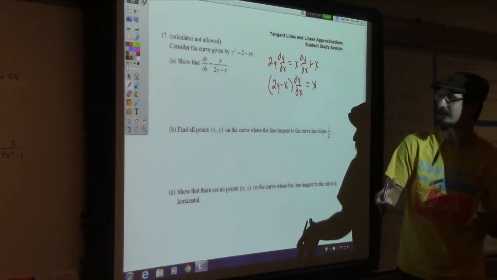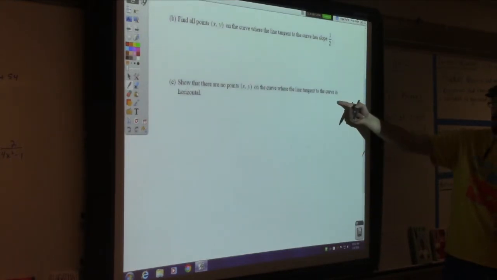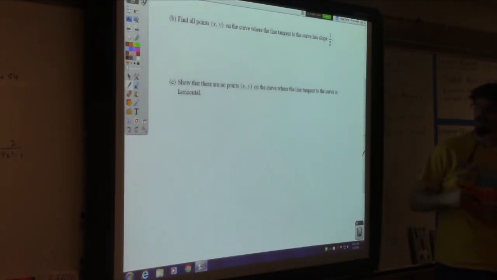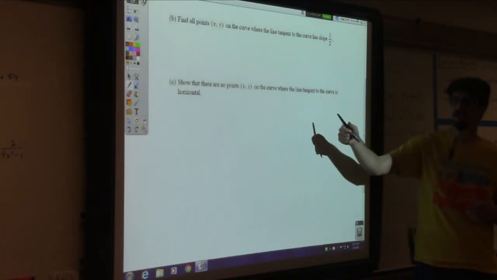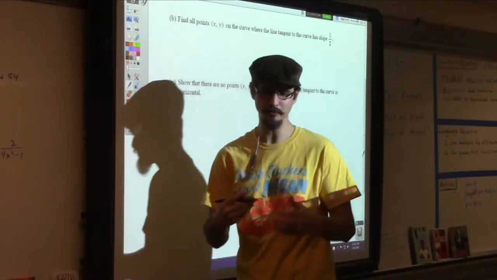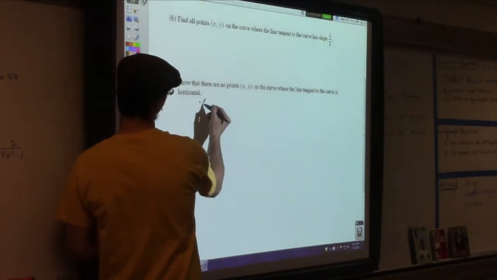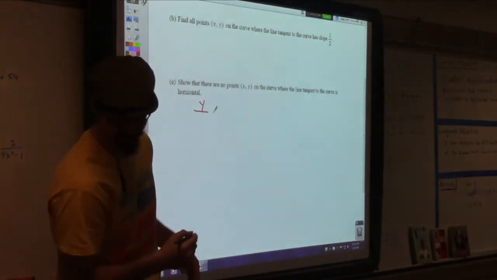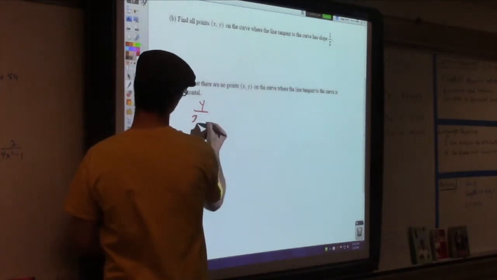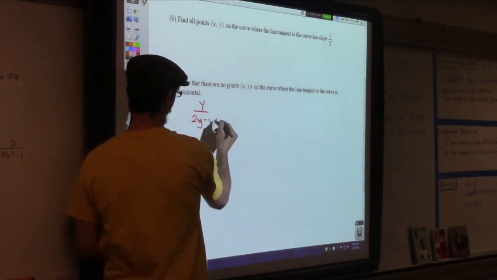The last one that I do want to just point out real quick, this is not hard on this particular problem, but in this very last piece, when you get to a question like this and it says show that there's no point where it's horizontal, what are they trying to get you to realize? How would you prove that it's not horizontal? Zero. When you go to this and you get your y over, 2x, 2y minus x, thank you very much.